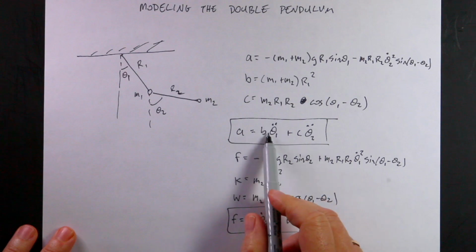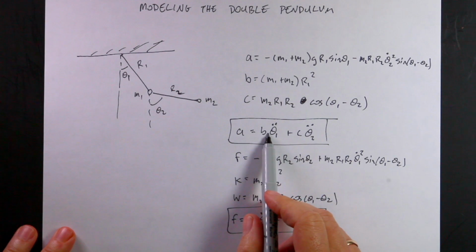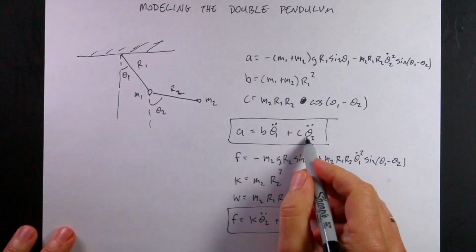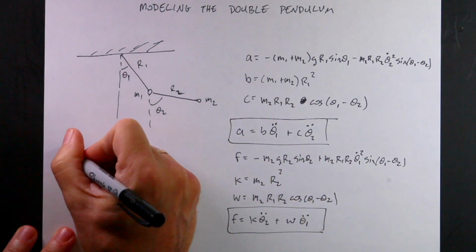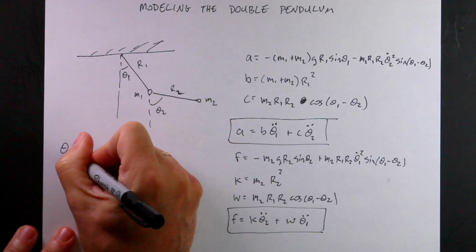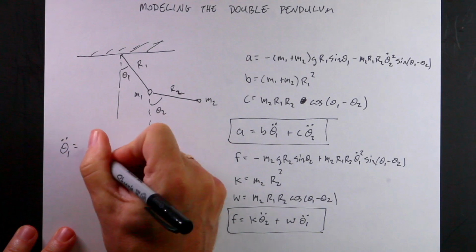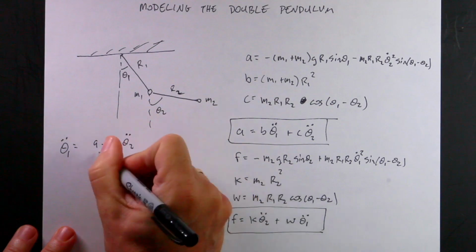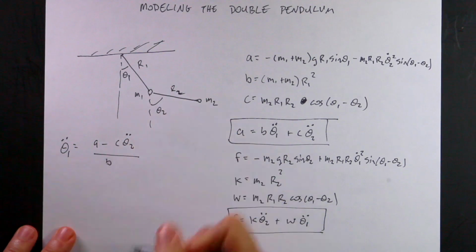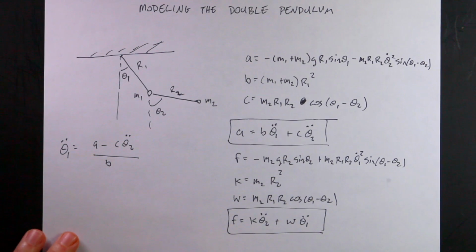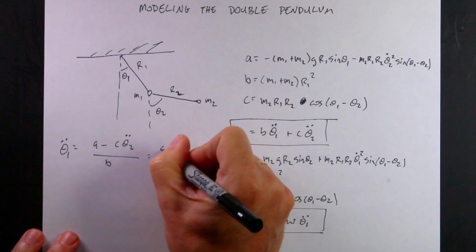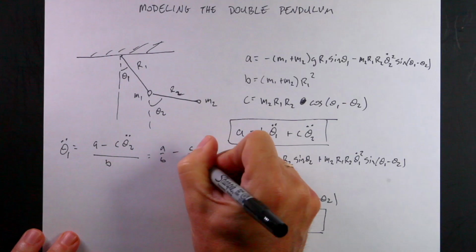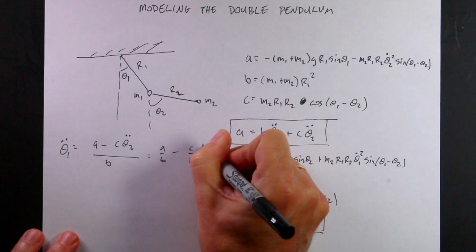Okay, let's just go up here and solve this one for theta 1 double dot. If I subtract that from both sides and divide by b, I can do that in one fell swoop. Theta 1 double dot is going to be equal to a minus c theta 2 double dot divided by b. Should I write that as a over b minus c over b theta 2 double dot maybe?